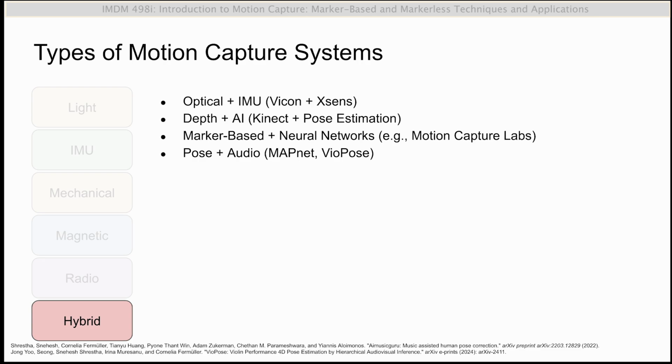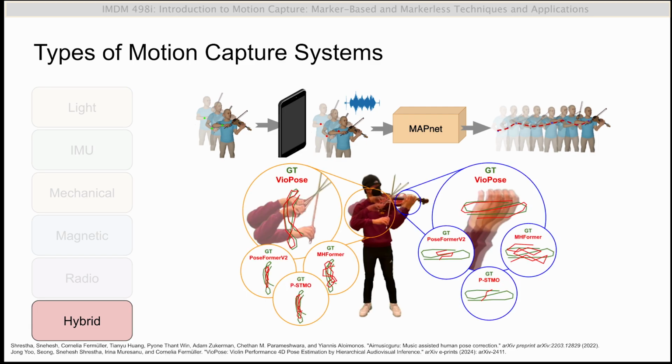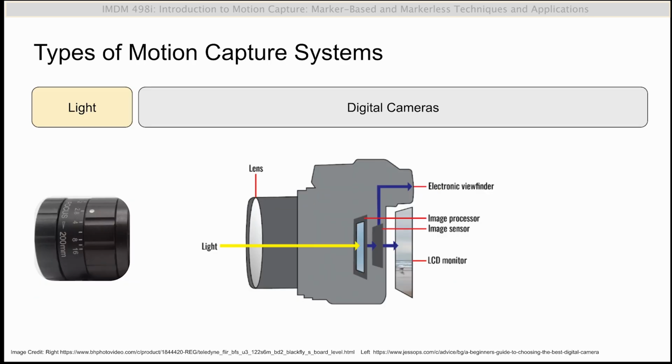In our case, we use an initial 2D pose estimate from a monocular camera, and then we combine it with the audio. Where this comes in handy is trying to understand somebody's pose while they're playing an instrument. We know that the only way to produce the sound is because of a motion. So if we can learn what the inverse relationship is, then by using the audio, we are able to infer a better pose estimation.